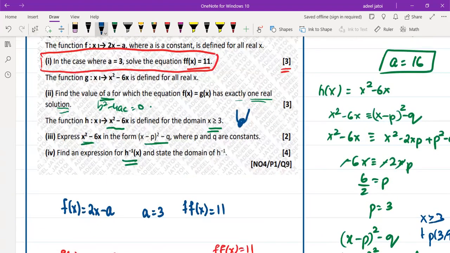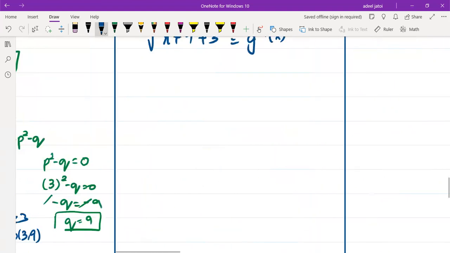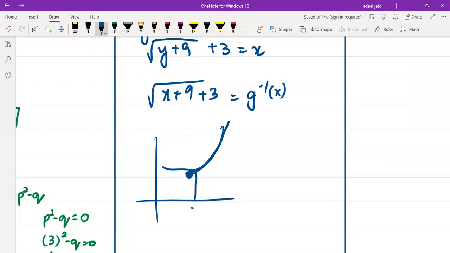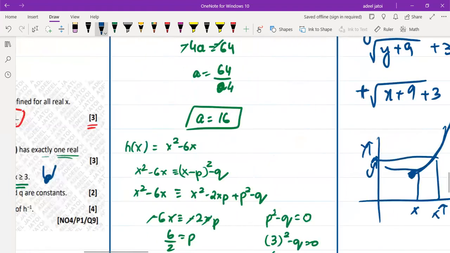So from the point where 3 is there, the curve will go towards the top. That means for each value of x, your y will increase. If x increases, y also increases, so it is known as an increasing function. So you will use plus here for your inverse expression.